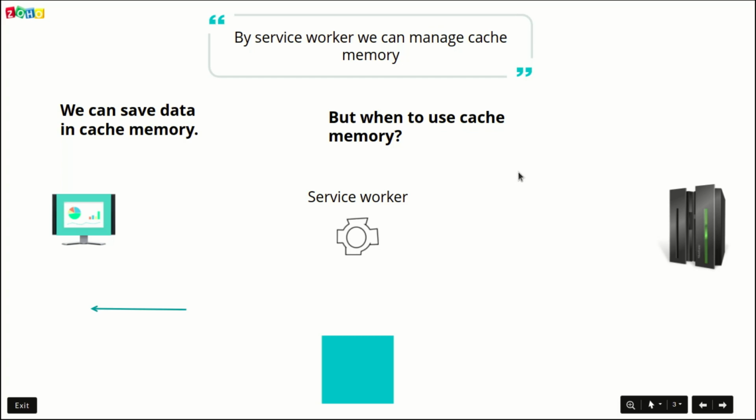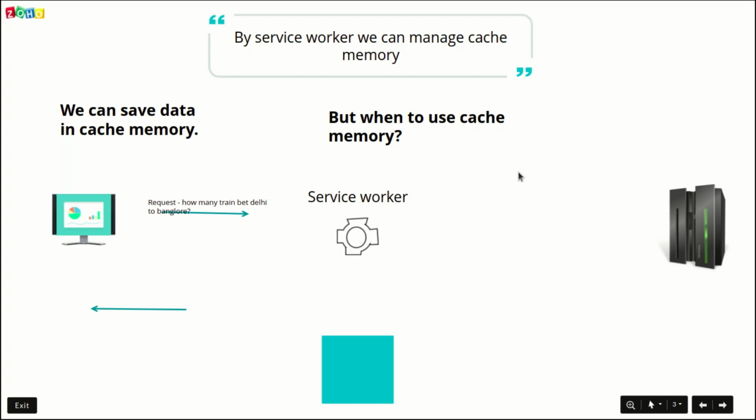Let's suppose a scenario where a client wants to go from Delhi to Bangalore. He has urgent work, and he requests the web: give me the list of how many trains run between Delhi and Bangalore.